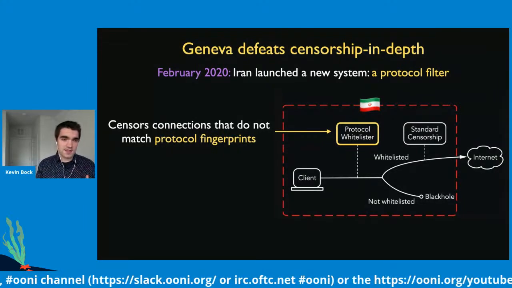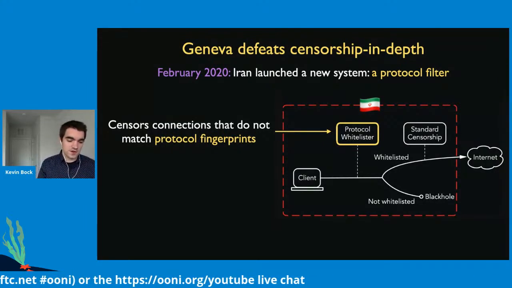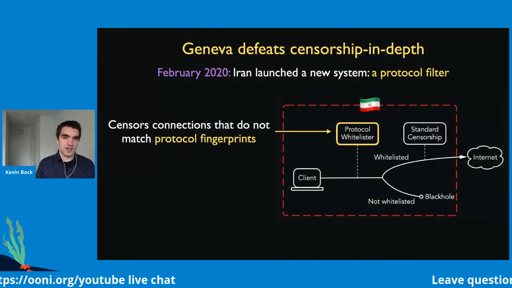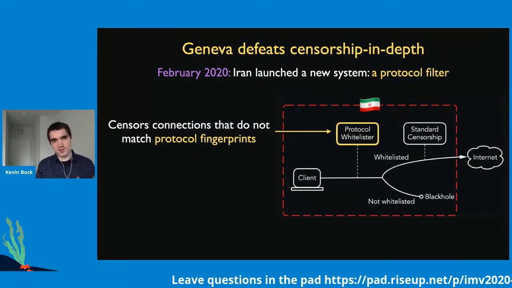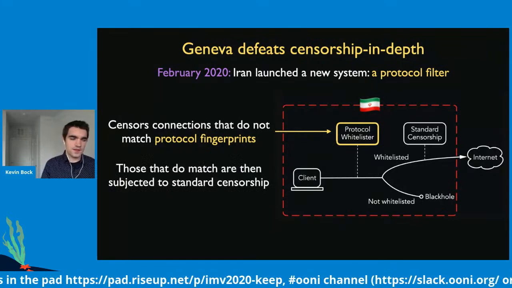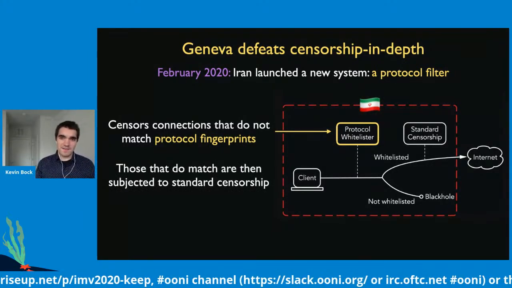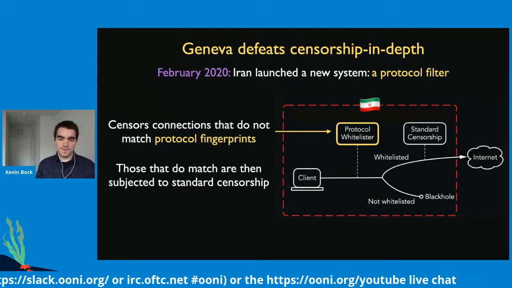So on port 80, if you try to make a VPN request and your connection goes to the whitelister, it will take it down and censor your connection, even if what you're doing with that VPN is fine, just because your connection does not match the fingerprint it's checking for HTTP. What this means is they have these multiple independent censorship systems also operating in parallel.